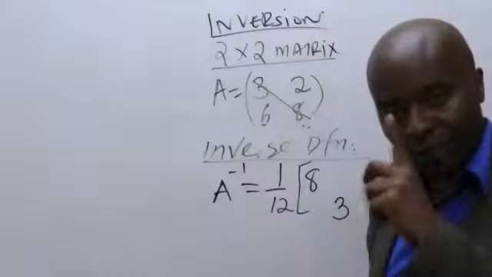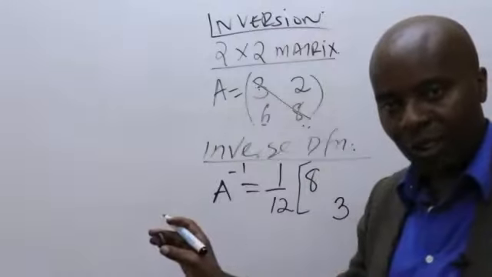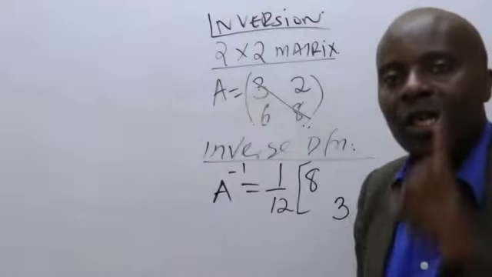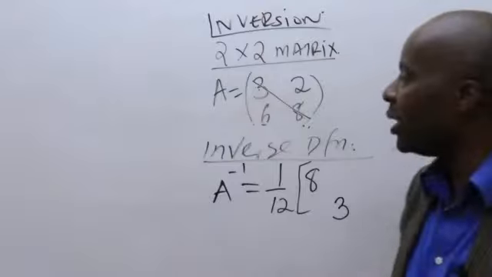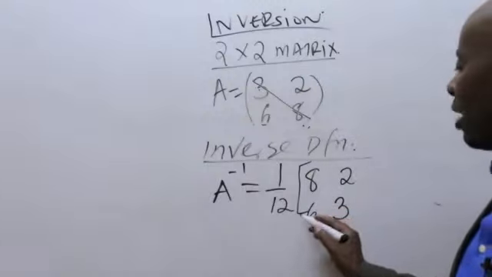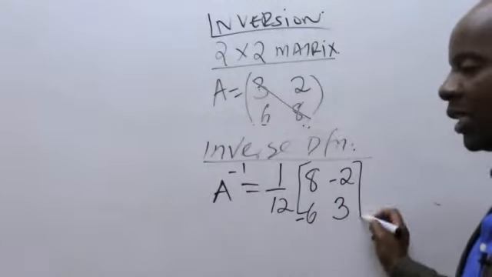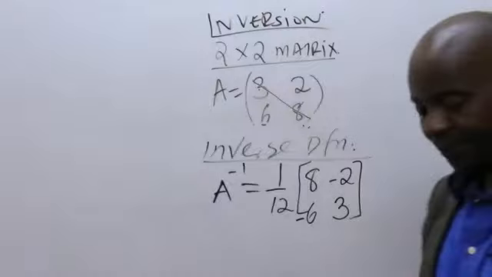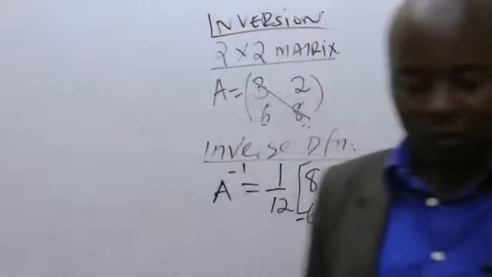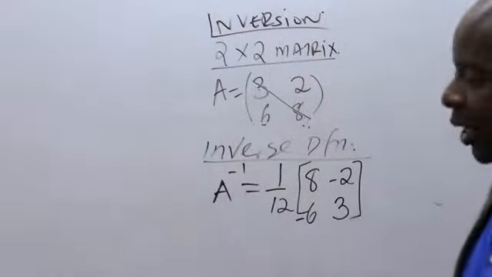We leave them where they are, 2 and 6, but now we have to change the signs. They were positives, now they become negatives, like that.